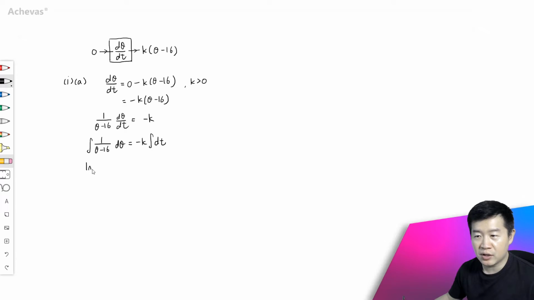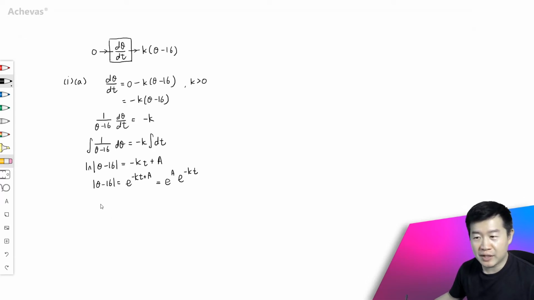This is going to be ln of modulus of theta minus 16, and this is going to be minus kt plus an arbitrary constant. Let's call it a. So modulus of theta minus 16 is going to be e to the power of minus kt plus a, which I can rewrite as e to the power of a, e to the power of minus kt.